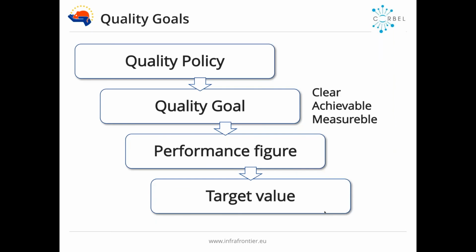Okay. Quality policy, as I said, defines or determines the quality goals. But quality goals should be formulated in a clear, achievable, and measurable way in order to really come up with values that you can measure. So target values that you can measure against the actual achieved output. And it is important to have means of corrective actions.